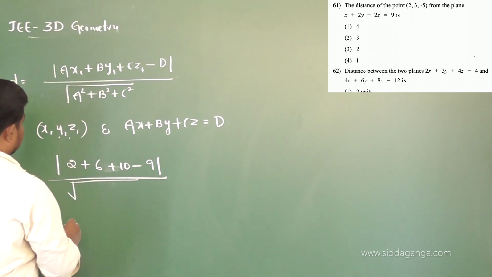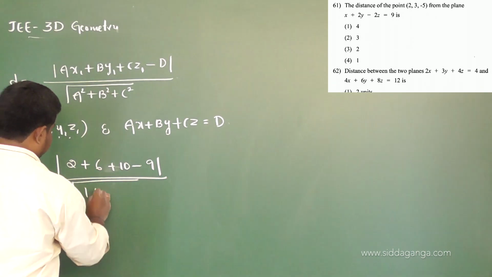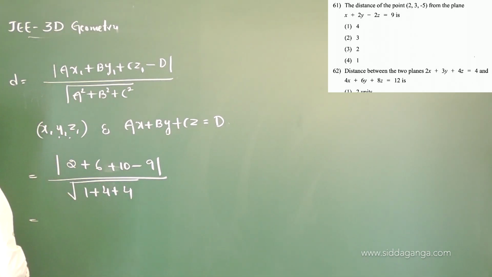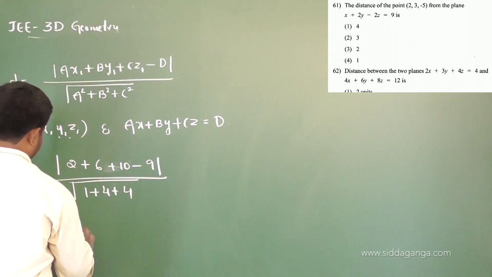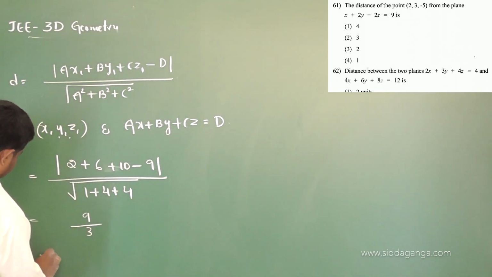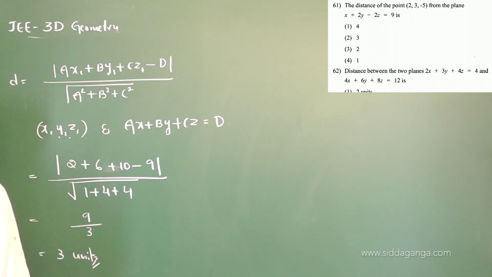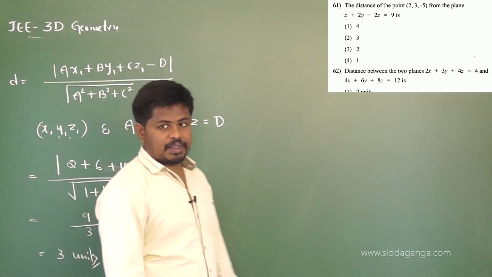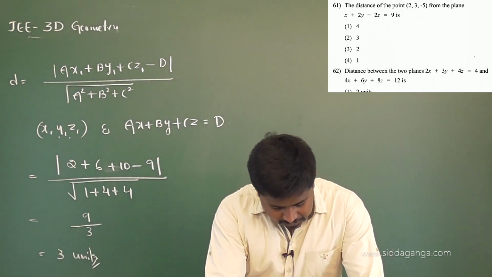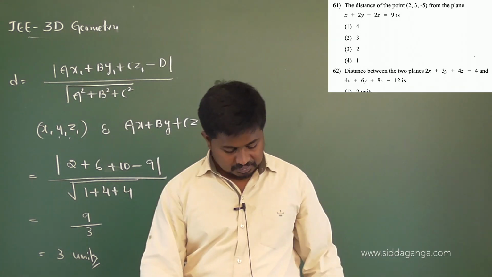So A is 1, 2, minus 2. This gives 18 minus 9 whole divided by 3. This gives 3 units. This is your required distance between the plane and the point, 3 units. So option 2 is the correct option. Option 2 is the correct one, that is 3 units.